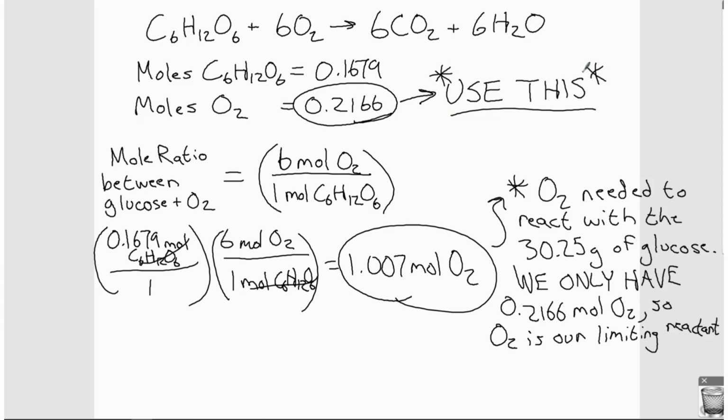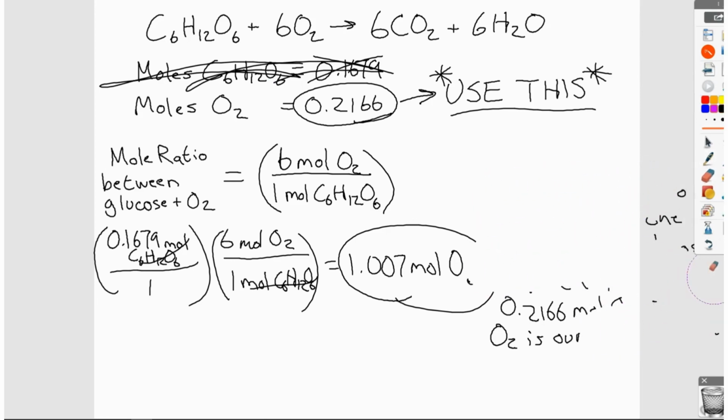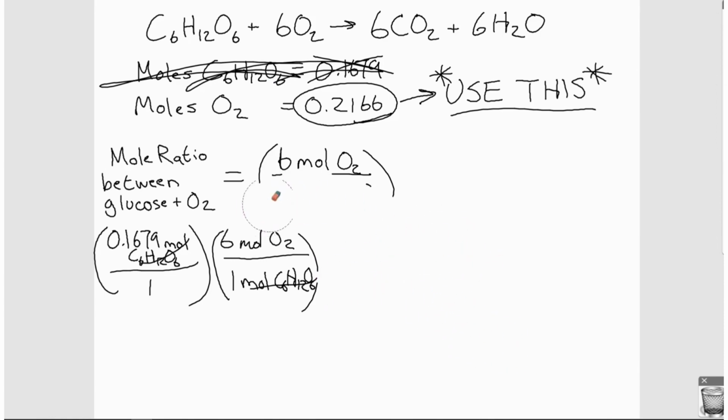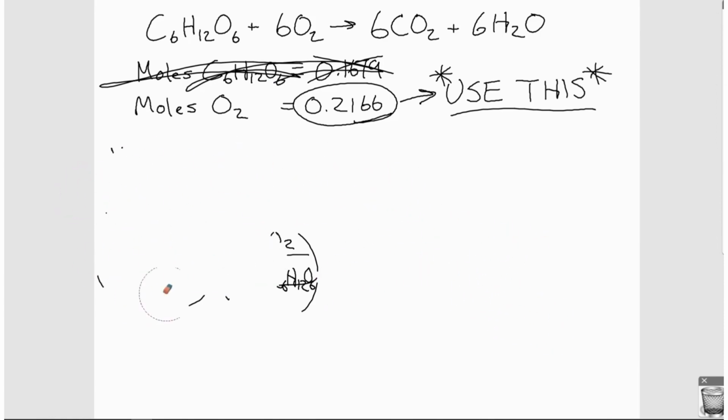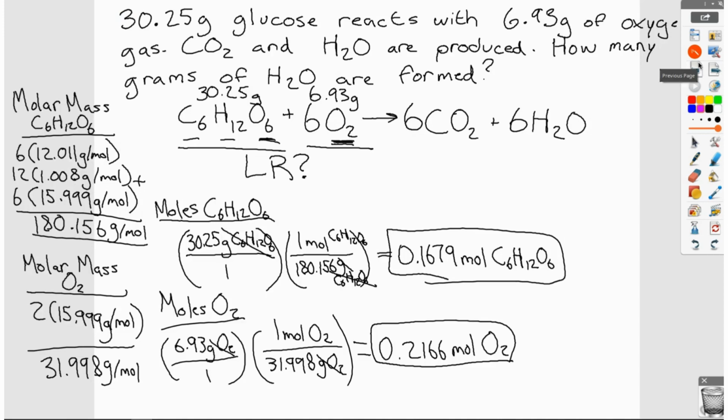So we're going to pretend like that 30.25 grams or that 0.1679 moles of glucose doesn't exist. We're going to pretend that the problem didn't even tell us how much glucose we have. We're just going to imagine that all it said is that we have that 6.93 grams of oxygen. And we're going to use that in order to figure out the grams of H2O formed.